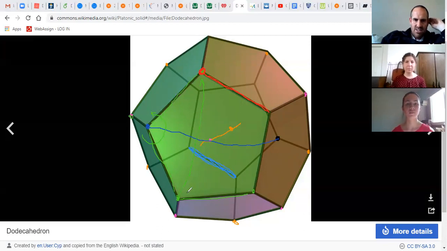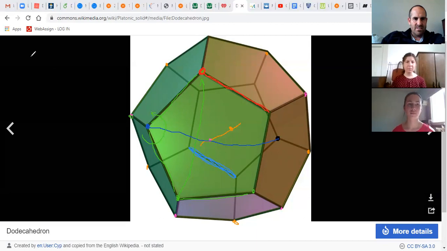And so what is that going to tell you about this edge? Wait, no, I'm looking at this one. So if this edge swings over to here, this edge right here is going to swing to here, isn't it? Yeah. Okay.